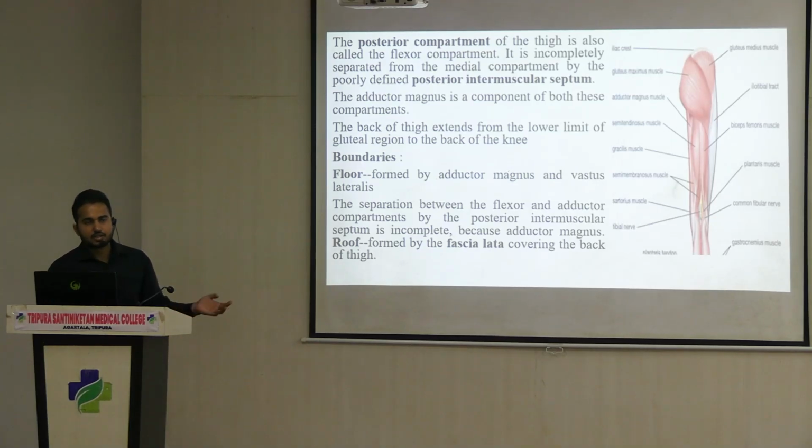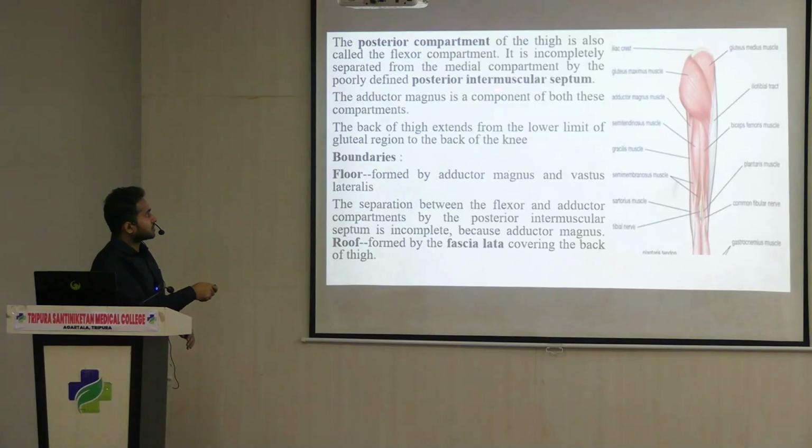There are also some boundaries. The floor is formed by the adductor magnus and the vastus lateralis, and the roof is formed by the fascia lata. Because of the magnus muscle's two components, the intermuscular septum is incomplete. That means these two compartments are incompletely divided.